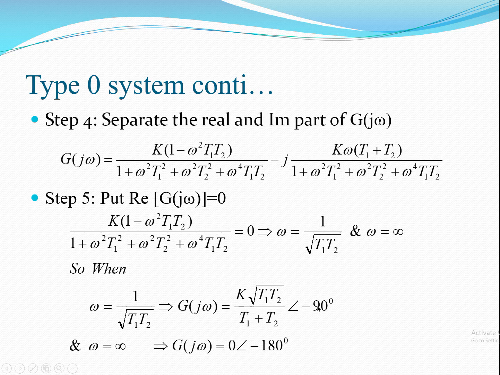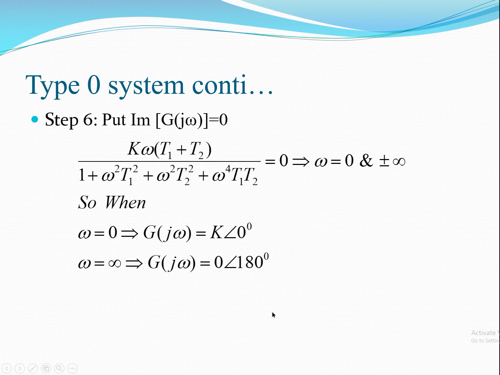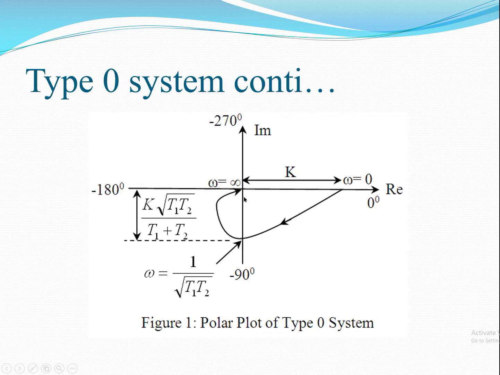At minus 90 degree you have to find this. So it will be intersecting over here. At this frequency it will intersect. What will be the magnitude of this? This will be k under root t1 t2 divided by t1 plus t2.